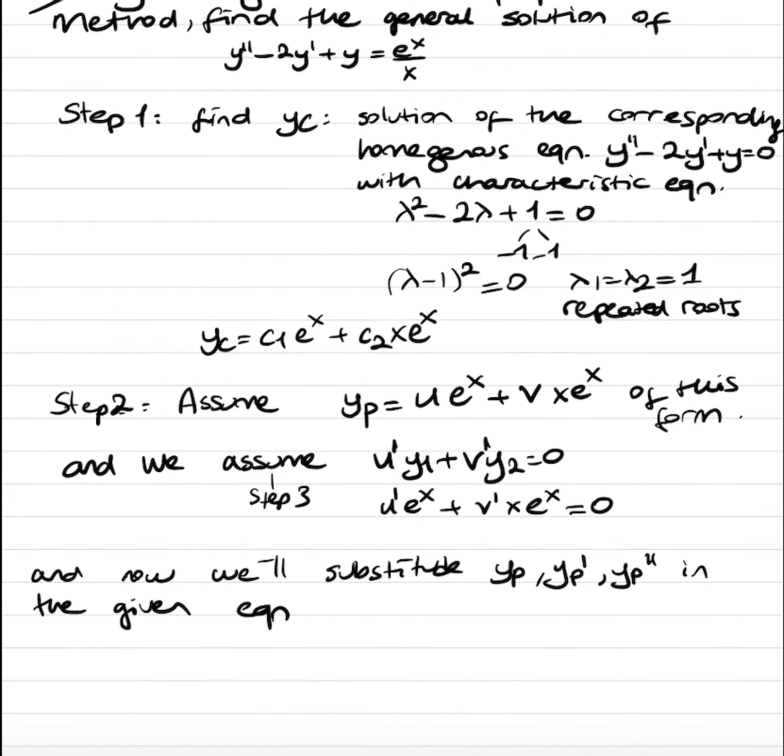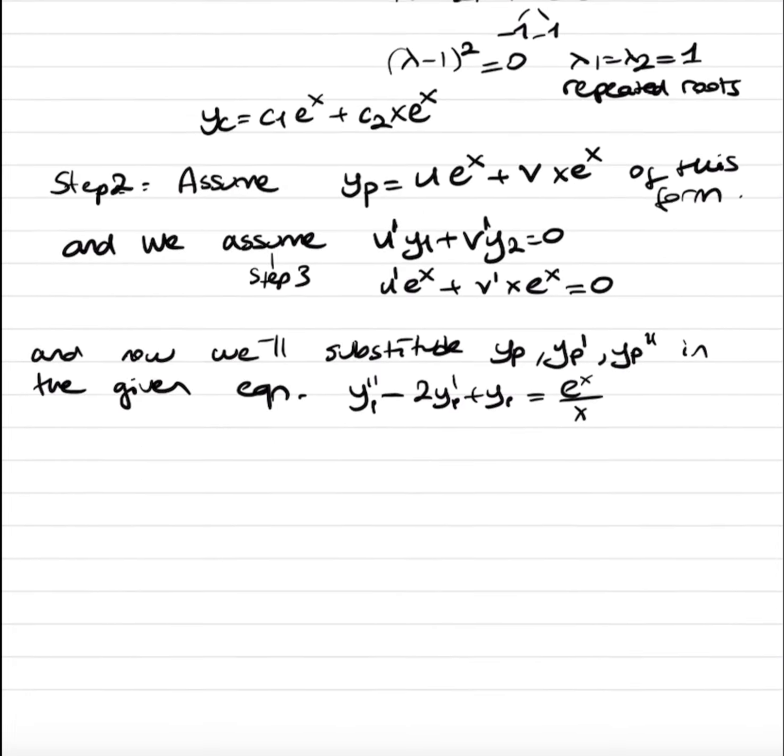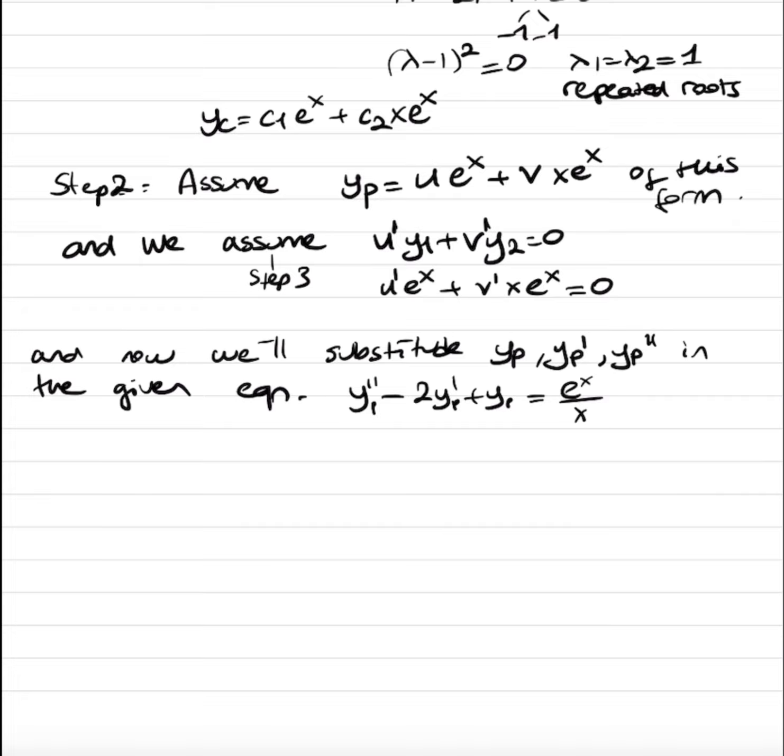So what was our equation? It was y double prime minus 2y prime plus y, so we will substitute it. Okay, y particular is equal to e to the power x over x, and we will find u and v.